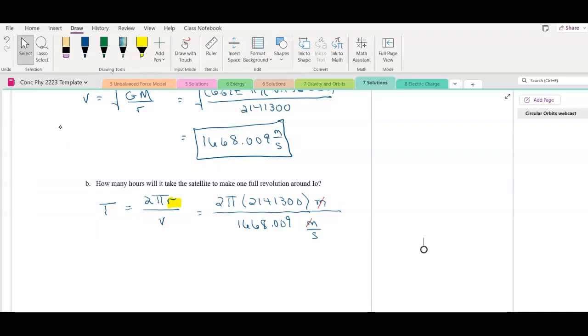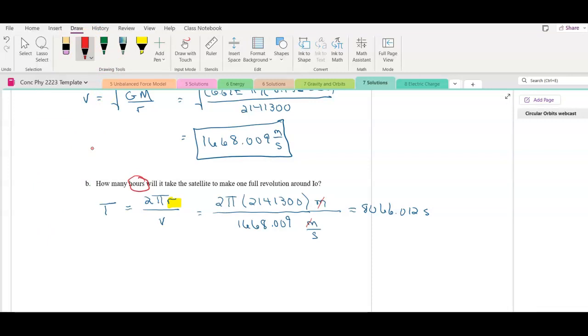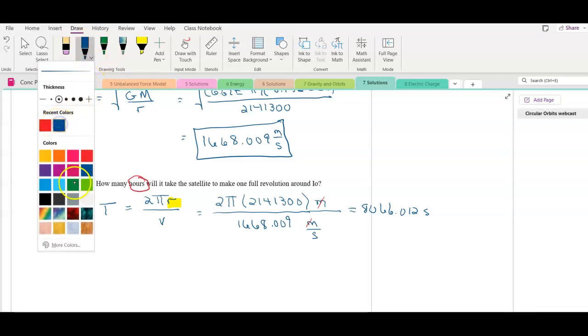It's 2 times pi times the orbital radius, and then I'm dividing by that orbital velocity, and I get that the period is 8,066.012 seconds, but it's asking me how many hours would it take, and so I need to convert here.